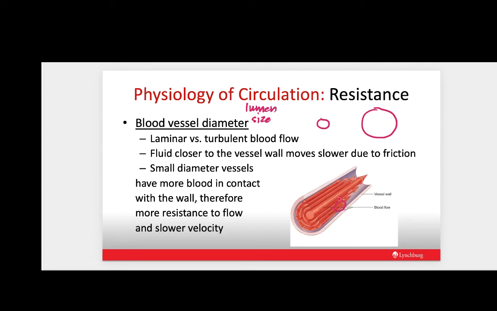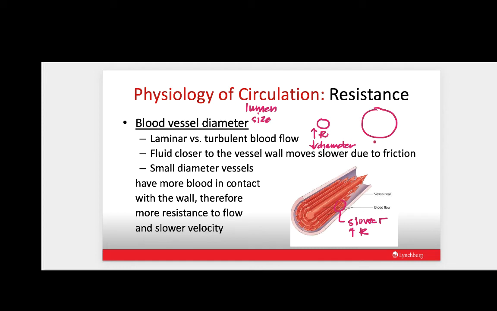Okay, so this blood out here is flowing slower due to increased resistance. And so if you have smaller vessels, you have more blood inside that vessel that's in contact with the wall of the vessel. Therefore, you're going to have increased resistance because of a decrease in diameter.